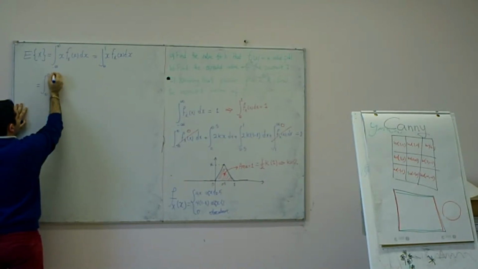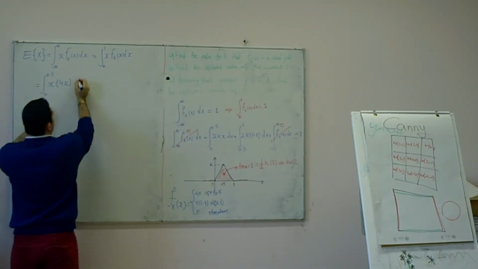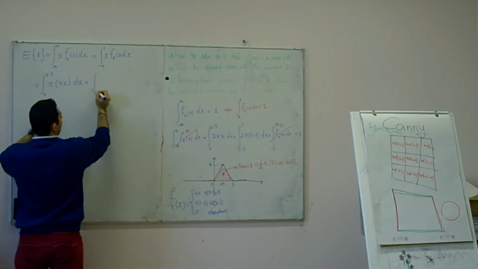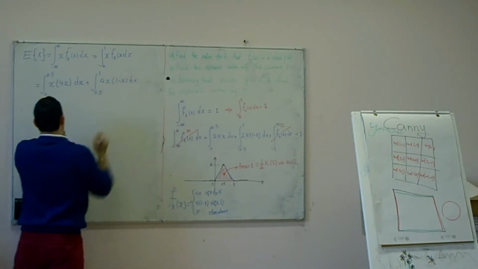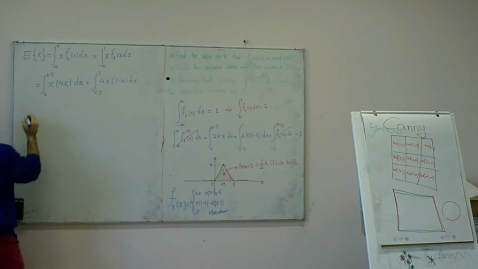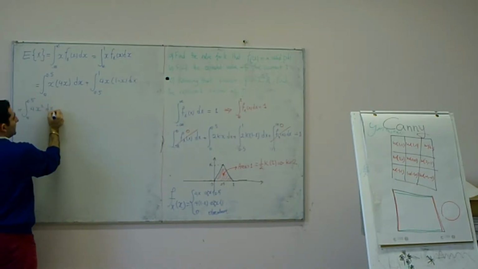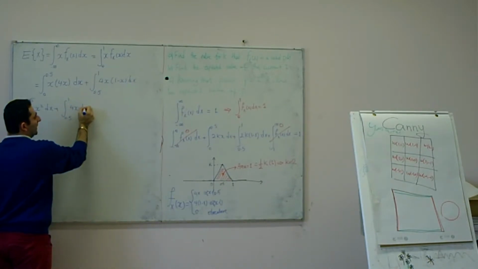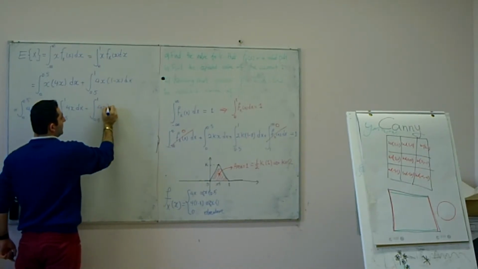And because this is a piecewise function, it means that we have to write it as the integral from 0 to 0.5 of x multiplied by 4x dx plus the integral from 0.5 to 1 of x multiplied by 4(1 minus x) dx, which is the integral from 0 to 0.5, 4x squared dx plus integral 0.5 to 1, 4x dx minus integral 0.5 to 1, 4x squared dx.